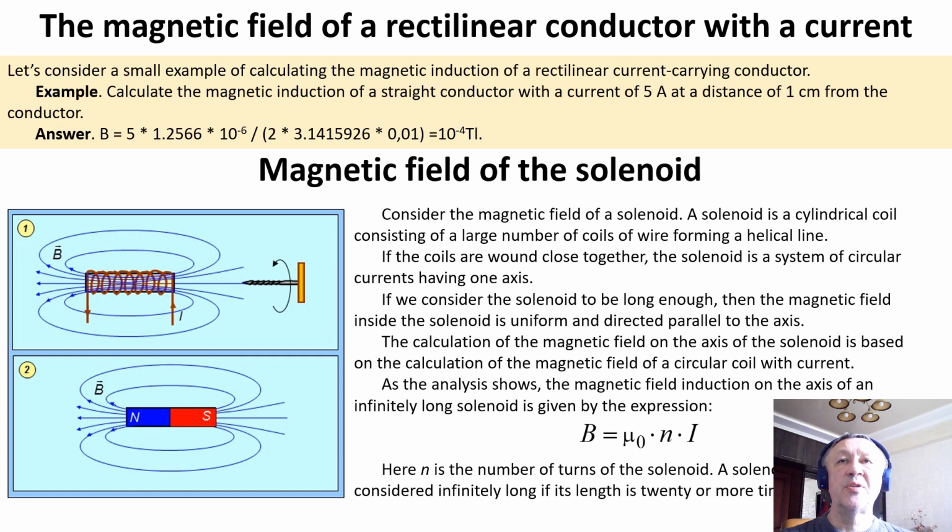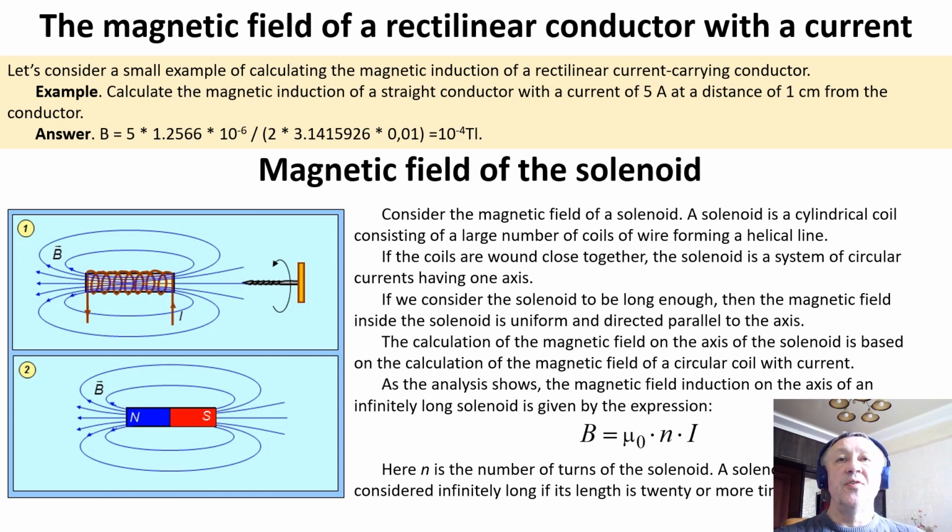If we substitute all these values into the formula from above, we get the next formula, and our answer is 1 to 1000 Teslas. This is our answer for our example.